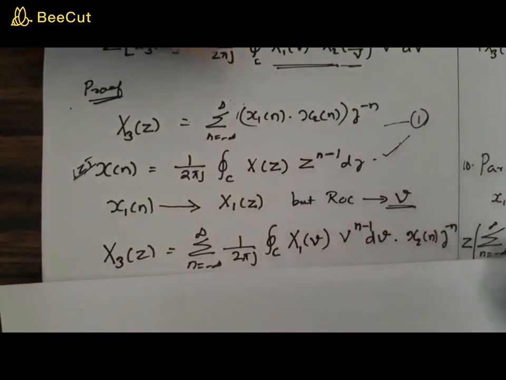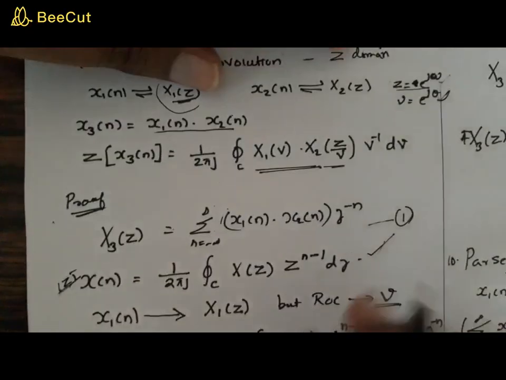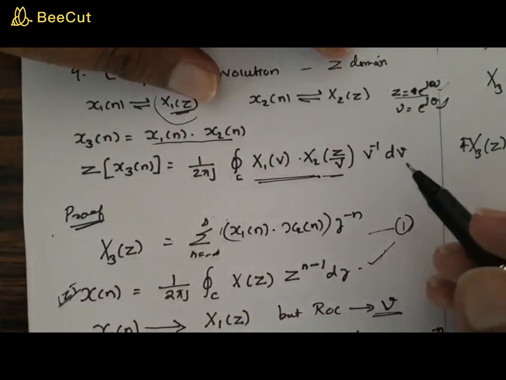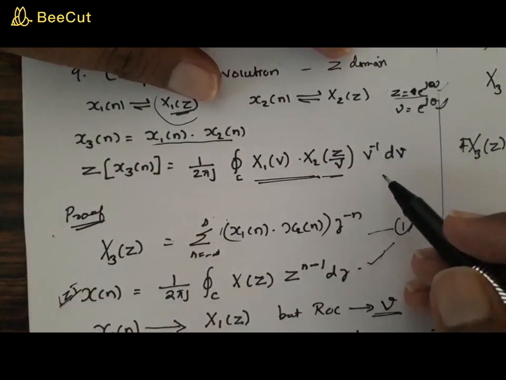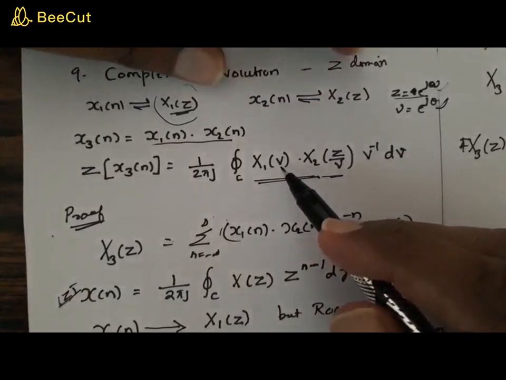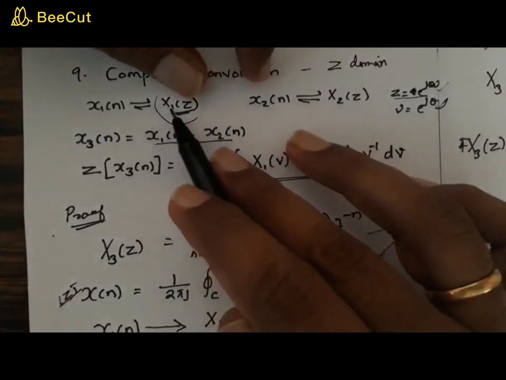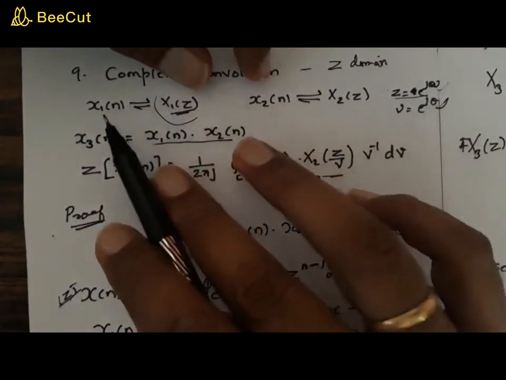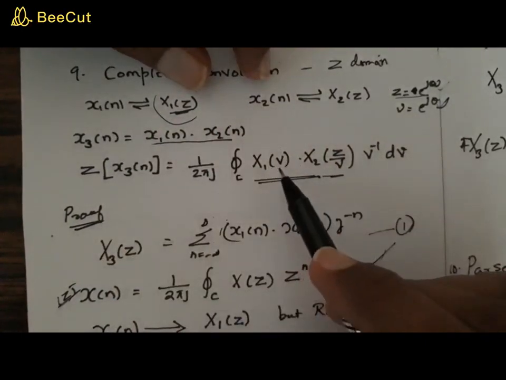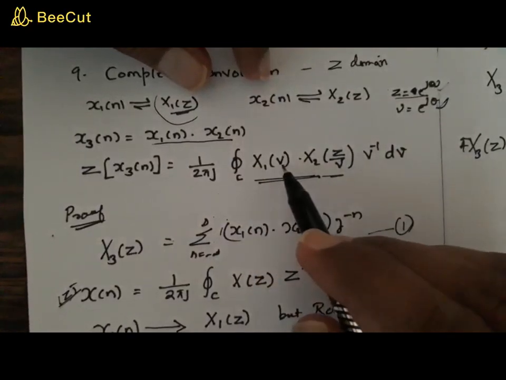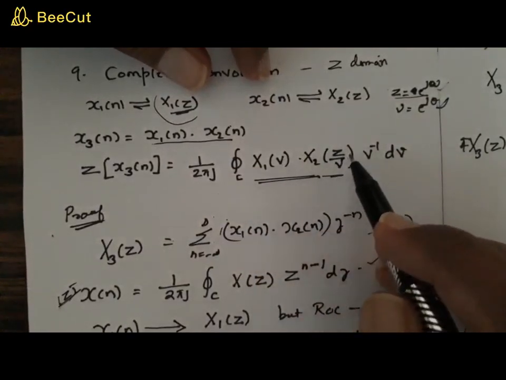Now before moving into that, in the expression we have seen a v and a z; both are complex variables. Here v is said to be in the ROC of x1 of z. So x1 of z is the Z transform of x1 of n. That means this v is exactly the same kind of variable as z.